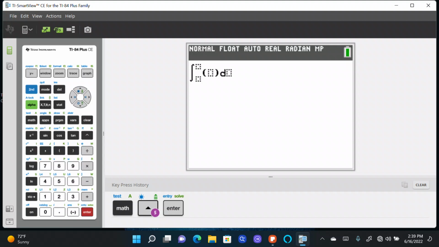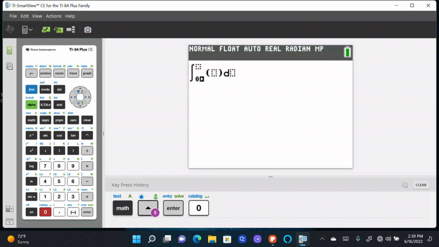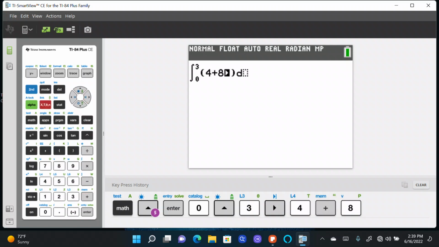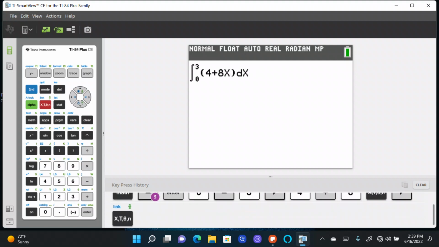And well, lower limit 0, upper limit 3, and the function is 4 plus 8x with respect to x. All right, and just click enter, and that's our final answer. Okay, so again, for the exam questions, for physical applications, fnInt is fine.